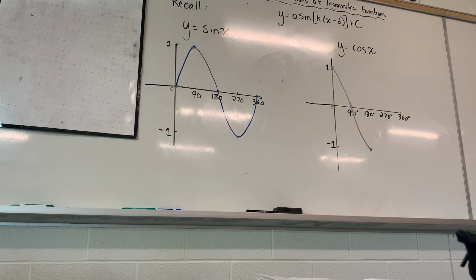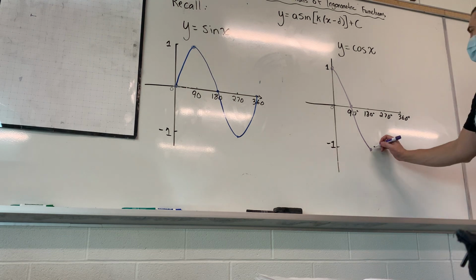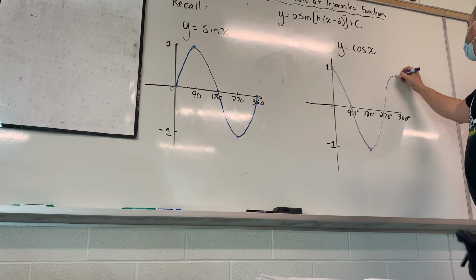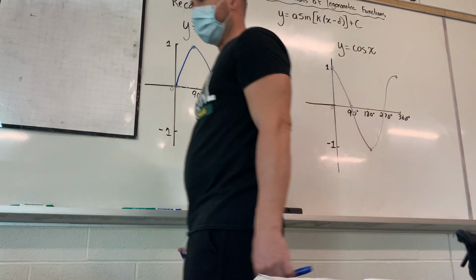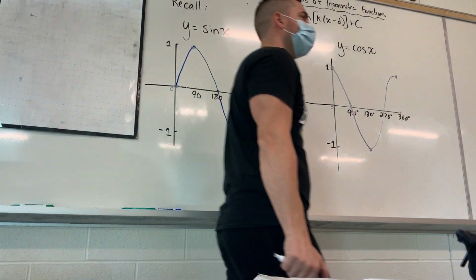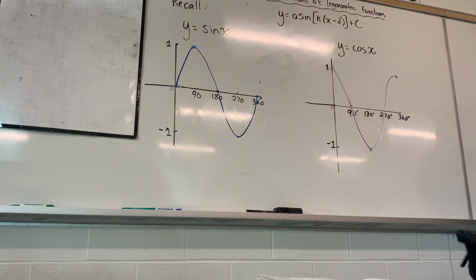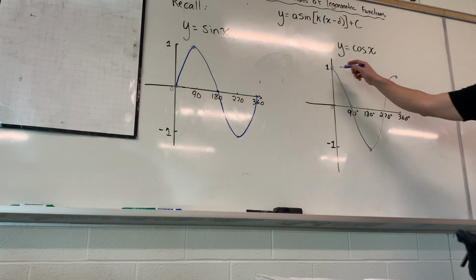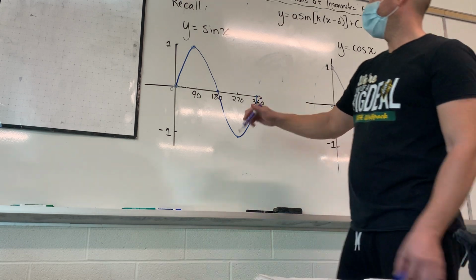Once it hits its lowest point, which is -1, it then turns and goes upwards, and it goes back up to +1 at 360 degrees. So that's the parent function. And again, it could be continuous both ways, so it could go negative and positive.